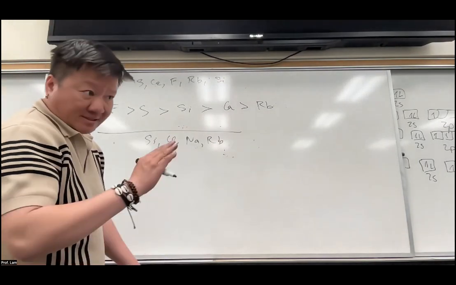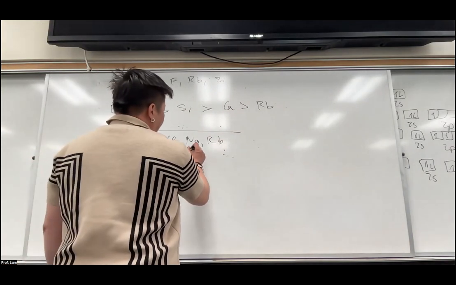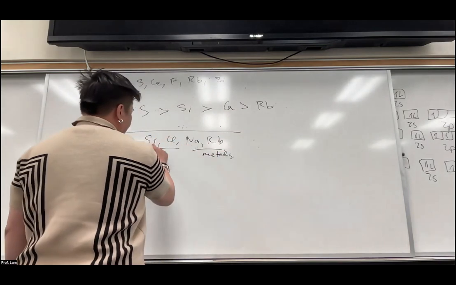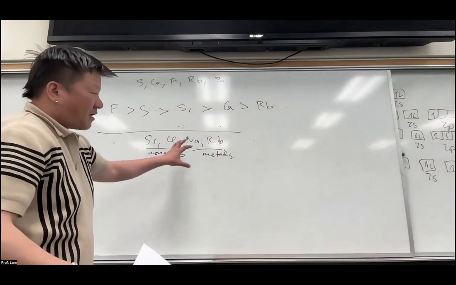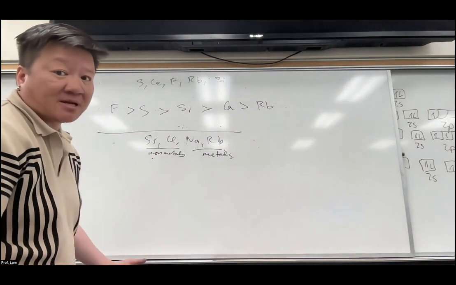Otherwise, it's really confusing. So I've got sodium and rubidium as metals, and these are non-metals, more or less. I rank the metals and then I rank the non-metals separately, and it just makes my life easy.